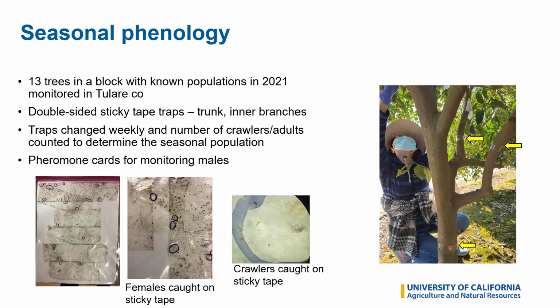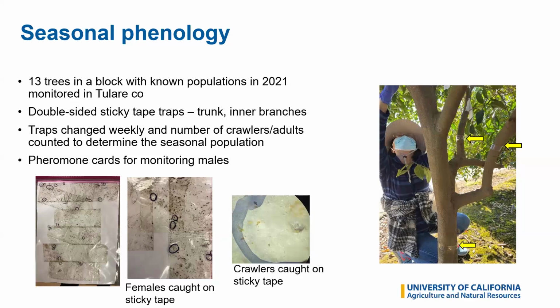How many generations were there? The only reference was vine mealybug, which has 2 generations in a year, vine mealybug infesting grapes. And it would go under the bark, under the ground. So all of that information was available for vine mealybug, but we knew very little about citrus mealybug.